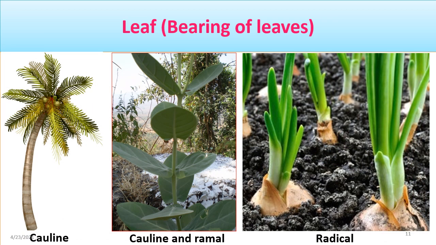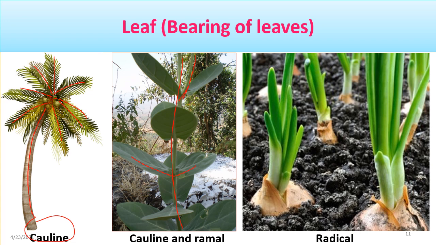Then bearing of leaves means what? Where the leaves are bearing. Now if you see in the very first diagram, the stem is unbranched throughout and leaves are present only at the apex. So this type of bearing of leaf is called caulline. In the second case, you see the stem is there, here branches are also there.